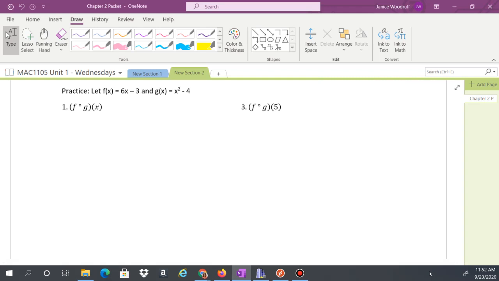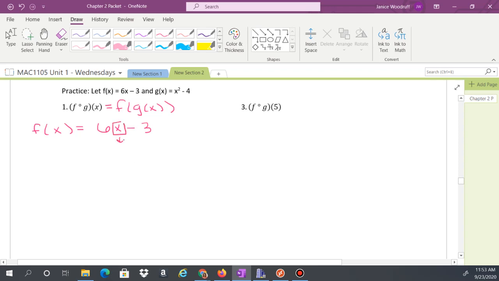So number 1, I'm doing f of g of x. Okay, so I'm just going to write that here, f of g of x. Okay, so I'm going to start with my f function, f of x equals 6x minus 3. So I want g of x in there right here.